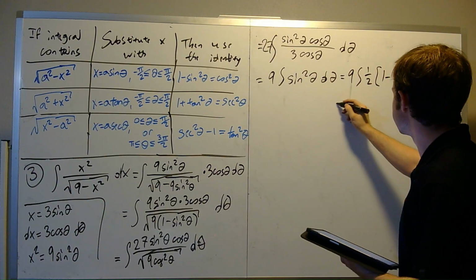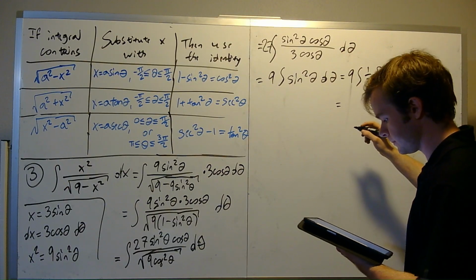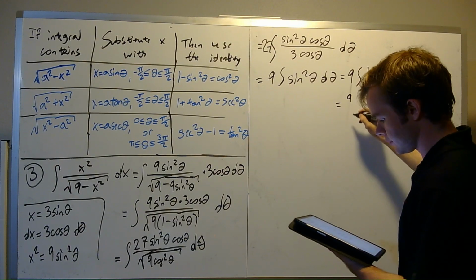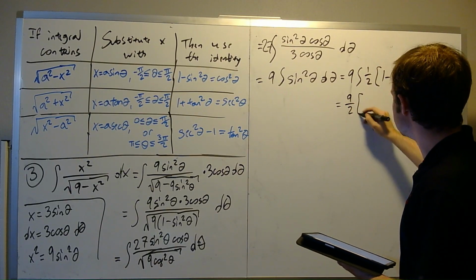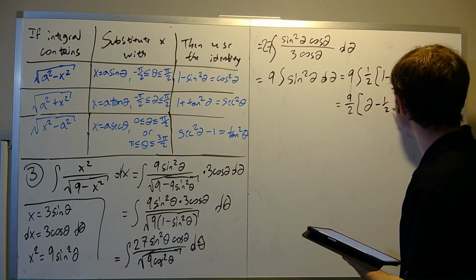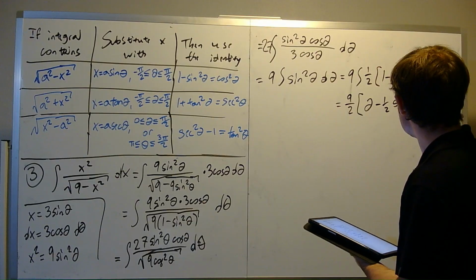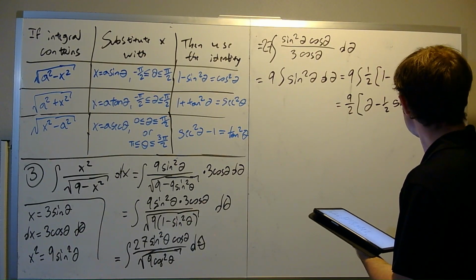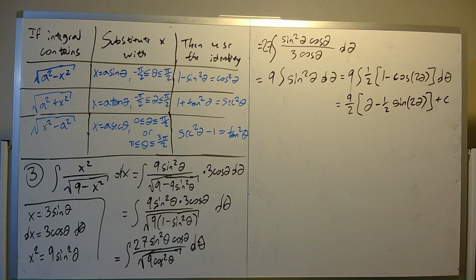If we do that, and we use substitution to solve this integral, then the answer that we're going to get is, you would have to do the work here, 9/2 of theta minus 1/2 of sine of 2 theta plus a constant c.